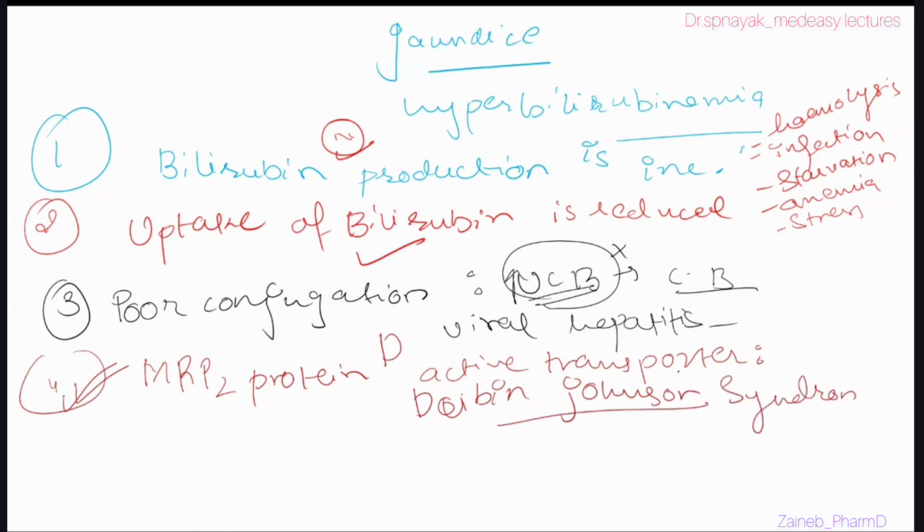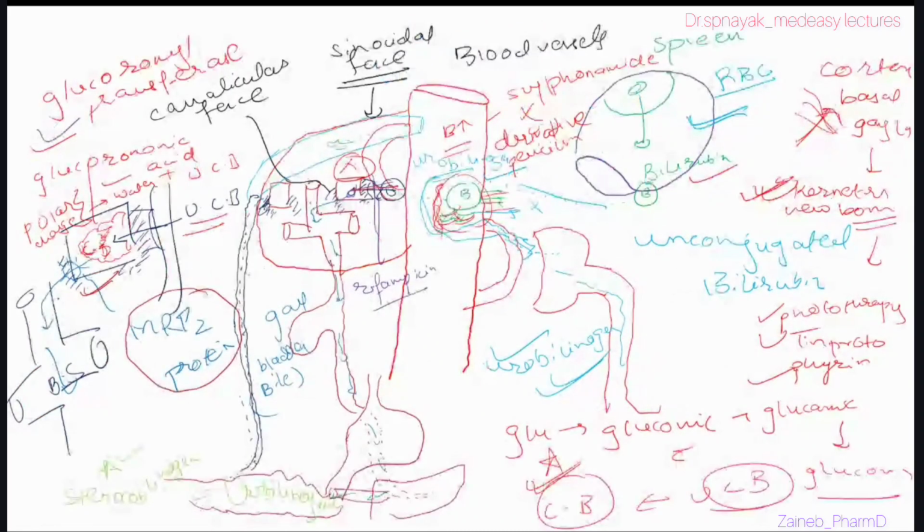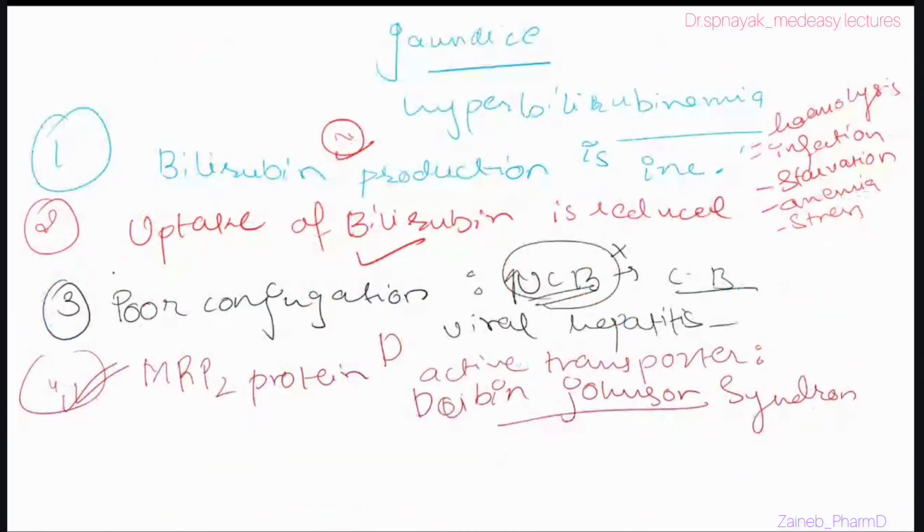So in Dubin Johnson syndrome, what happens is this MRP2 protein cannot transport the conjugated bilirubin into the biliary system, and this conjugated bilirubin will increase in concentration here, and again it will spill out into the circulation and increase in concentration.